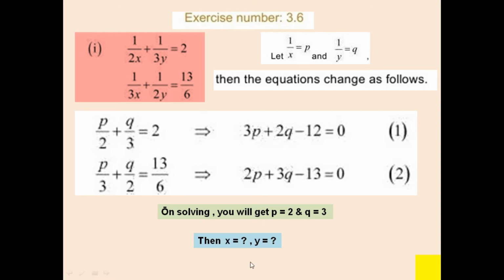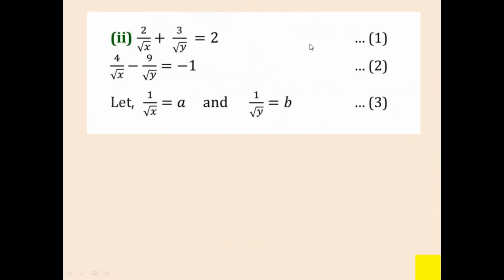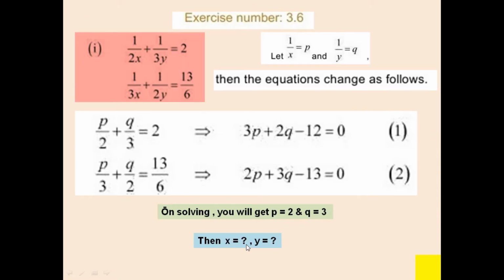After that, we need to find x and y. That means this value has to be substituted back here. So x and y, if you notice, are reciprocals of p and q. So if p is 2, x is half. If q is 3, y is 1 by 3.